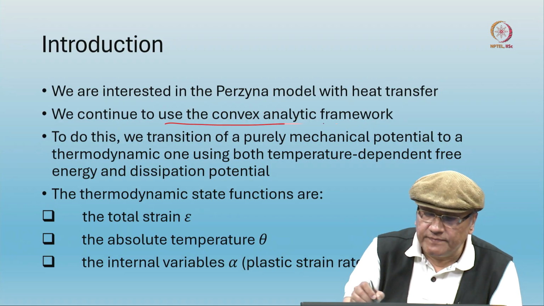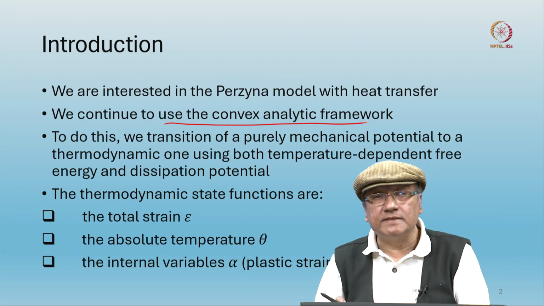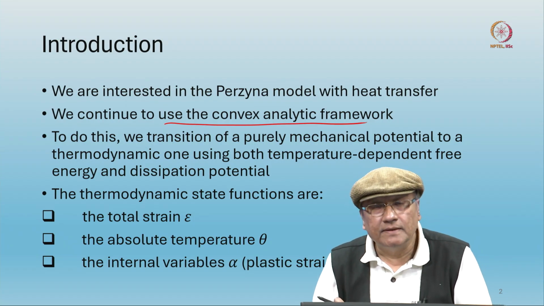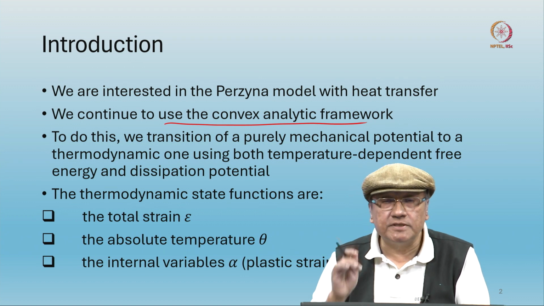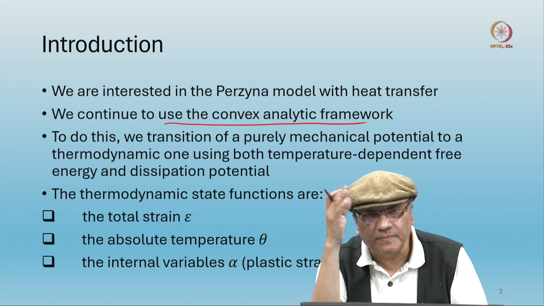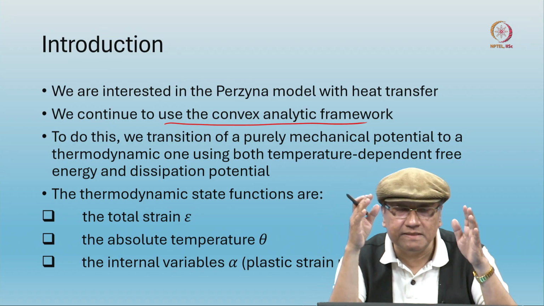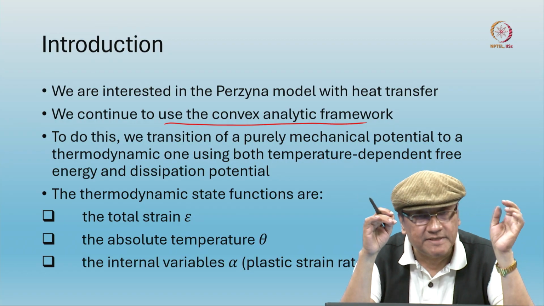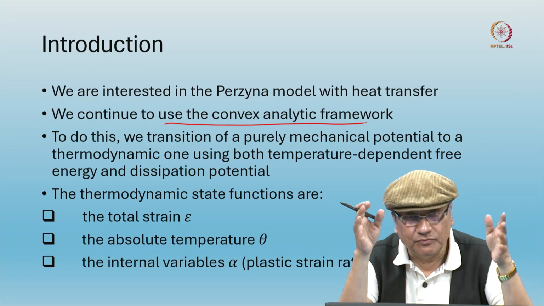So, the use of the convex analytic framework has served us well so far. That is what I think you will agree with me, having come with me to this part of the course, that our convex analytic framework has helped us pose the elasticity plasticity problems within the same optimization framework by just changing the functional which we minimize.